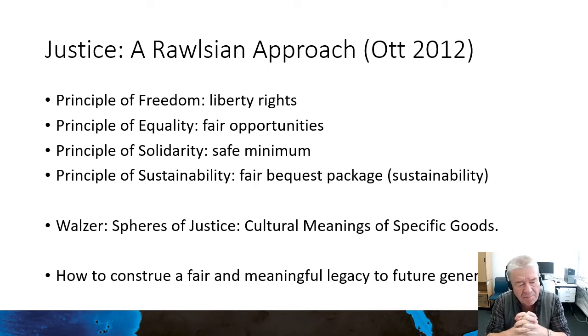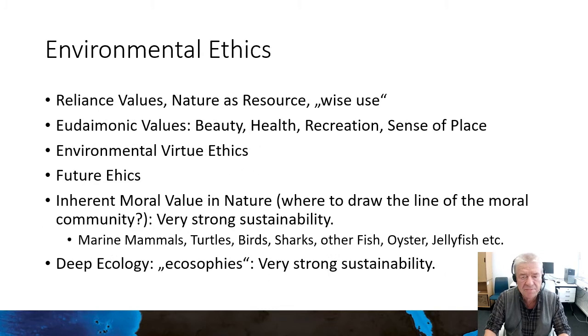And one can complement Rawls with some ideas by Michael Walzer in Spheres of Justice, that there are cultural meanings of specific goods which determine which kind of distribution is seen as fair or unfair. And this combination of Rawls and Walzer will guide the question of how to construe a fair and meaningful legacy to generations.